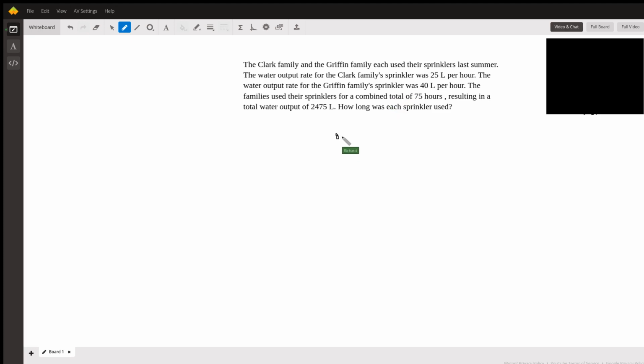So you take the output rate multiplied by the time that the sprinkler ran, and that's going to be the volume or the liters, total liters that the sprinkler puts out. So we have two of these. One belongs to the Clark family, the other one belongs to the Griffin.